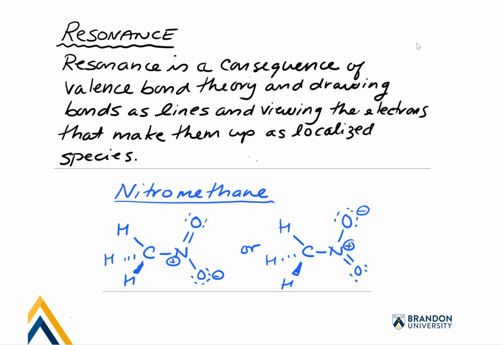Now, one of the brilliant things about Lewis structures is that it makes it really easy to visualize the connectivity of the atoms when they get together to make molecules.